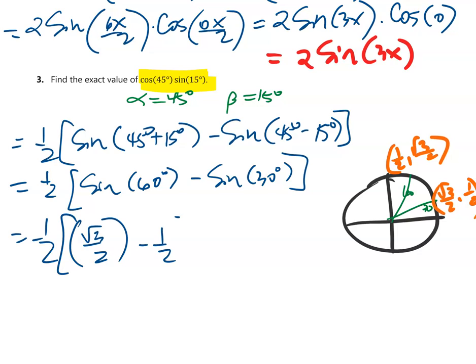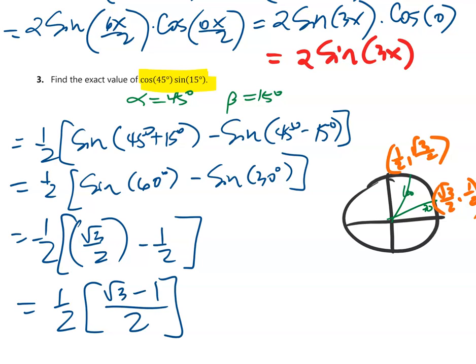Now let's simplify this. So this is like 1/2 of square root of 3, same denominator, minus 1. So 1 times this is square root of 3 minus 1 over 2, times 2 is 4. So this is the answer.